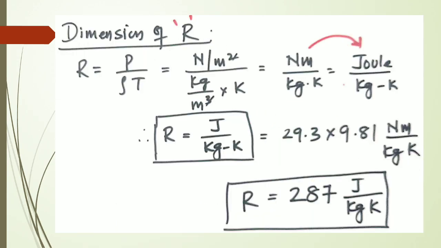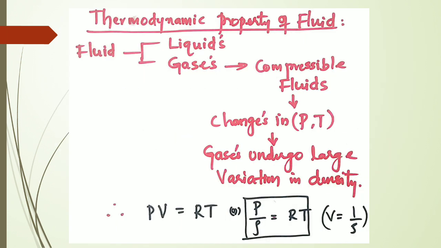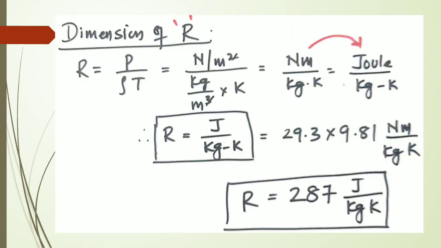Fine. So what is the R relation? From the previous equation, P by rho is equal to RT, what is R? R is equal to P by rho T, where P is in Newton per meter square, density is kg per meter cube, and T is in Kelvin. Then meter gets cancelled, giving Newton meter per kg Kelvin, or 1 Newton meter can be written as 1 joule.